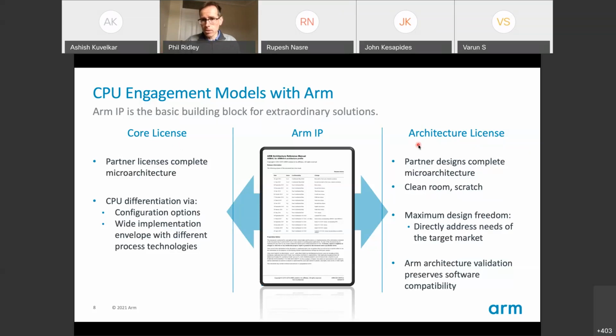So Fujitsu, who designed the chip, took an architectural licensing model from us, and then actually designed the chip almost from the bottom up. So an incredible amount of work there to design the processor. But the architectural license obviously gives the manufacturer partner more freedom to add features that they would like.